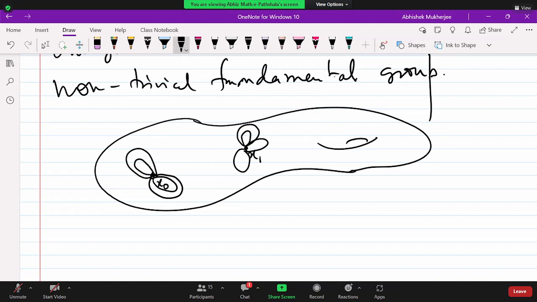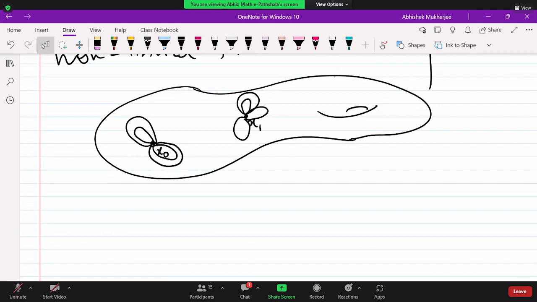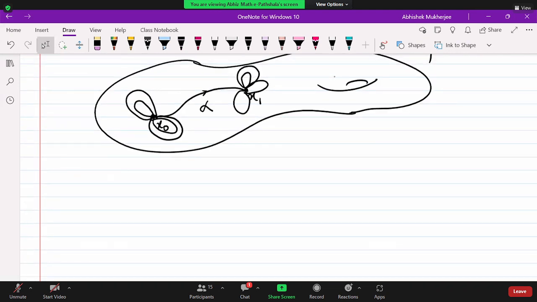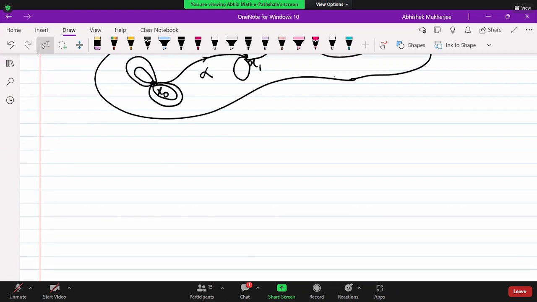Now there is a possibility if you can find a path between these 2 points. Let us call it alpha. Then using this alpha, you can define an association between a loop based at x naught and a loop based at x1. So let gamma be a loop at x naught.